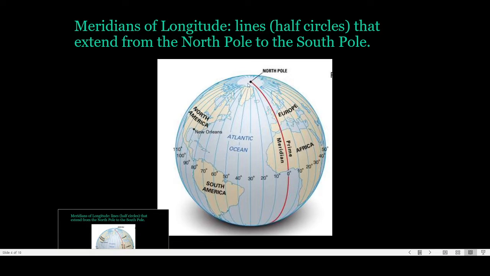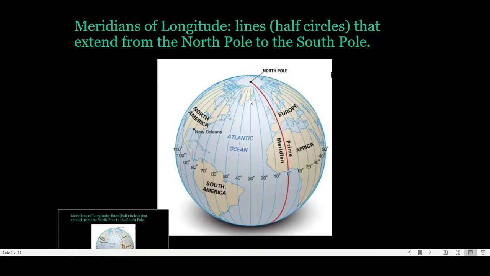The maximum value of longitude is 180 degrees. That is the opposite of the prime meridian, on the other side of the world, and it is known as the international date line. So this extends from 0 degrees all the way to 180 degrees, and then again from 0 degrees in the eastern hemisphere all the way to 180 degrees.